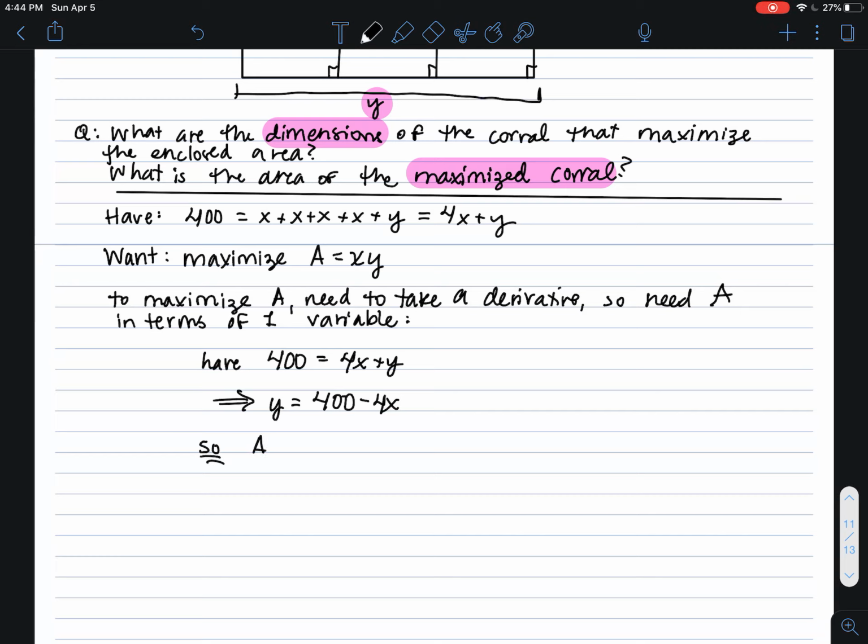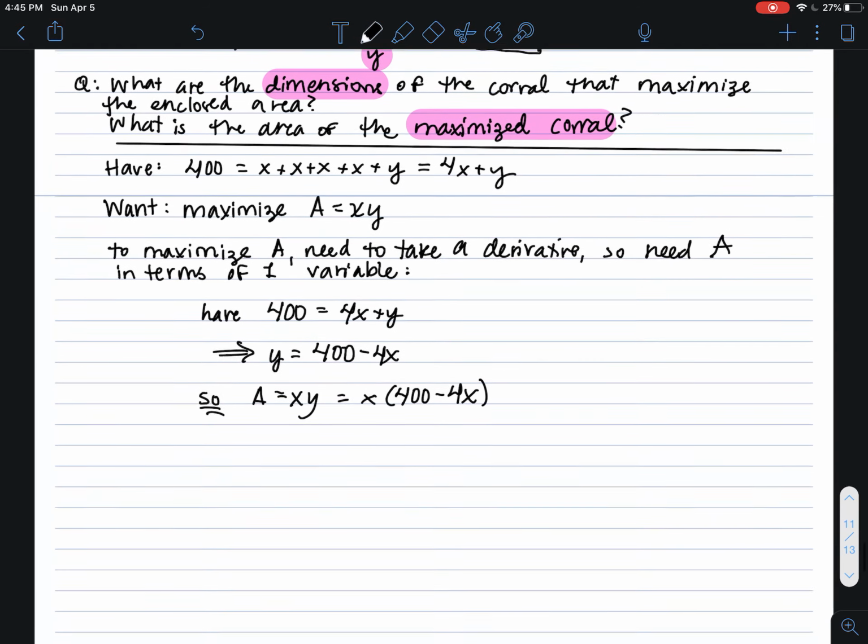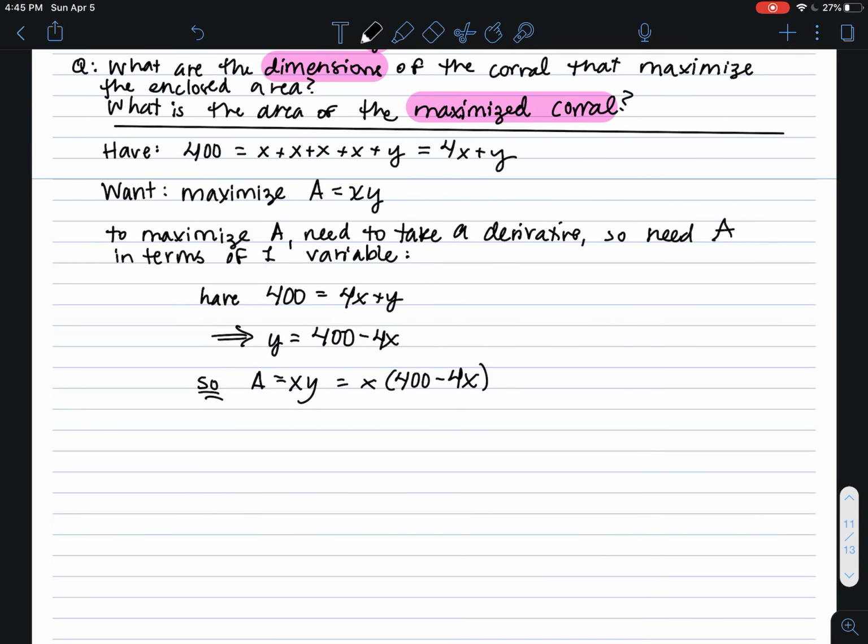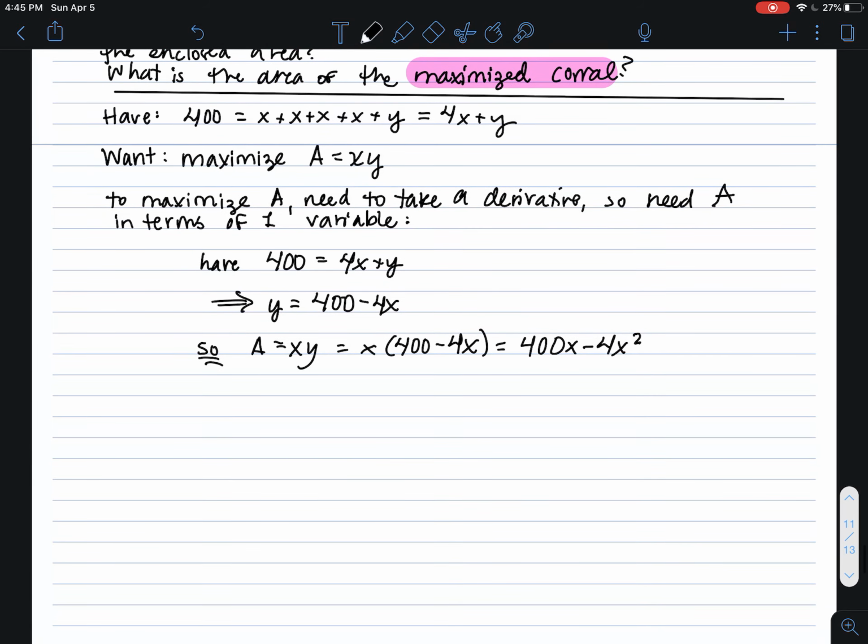So we can rewrite the area equals xy as x times 400 minus 4x, because we're just taking what we solved for y and plugging it into our value of y here. Okay, so if we rewrite that, that gives us 400x minus 4x squared. So now we can take our derivative.